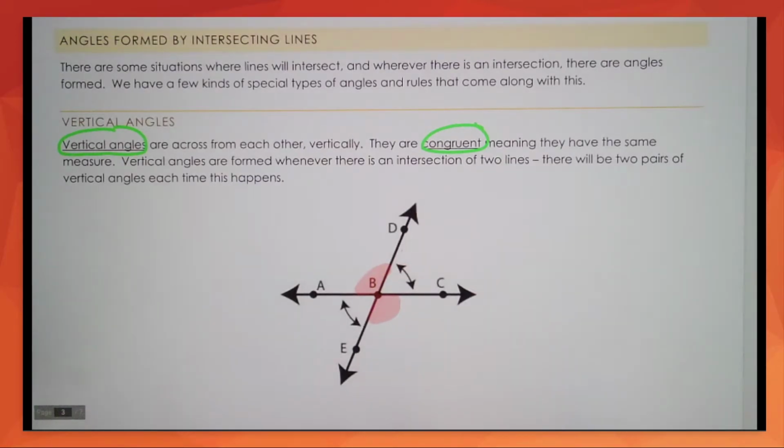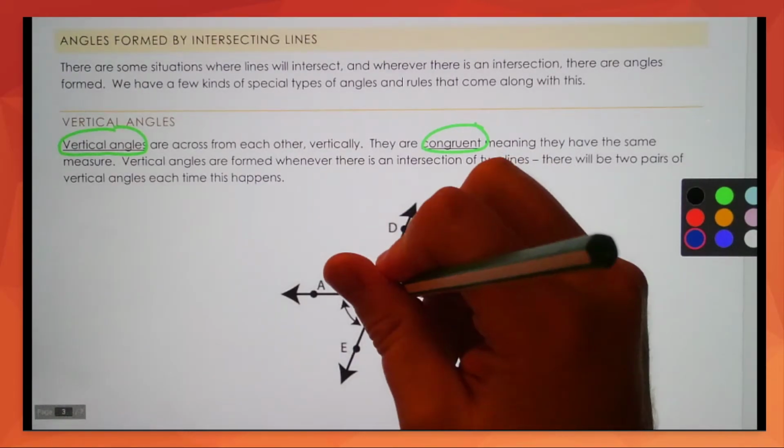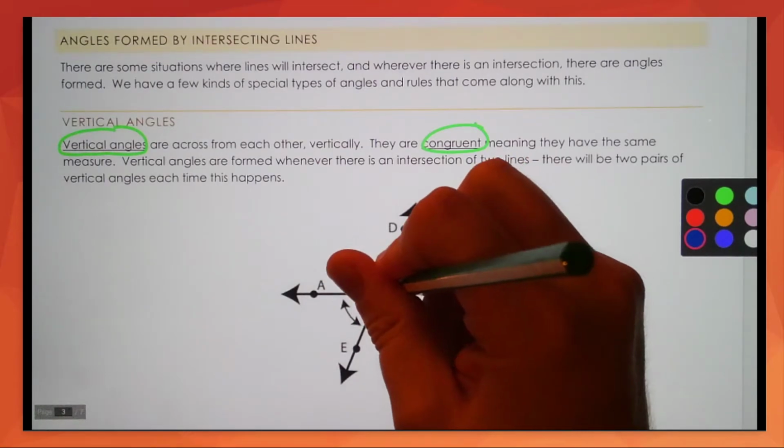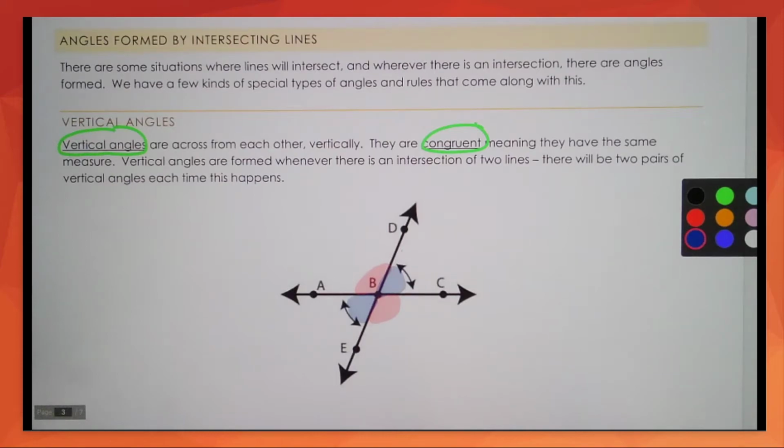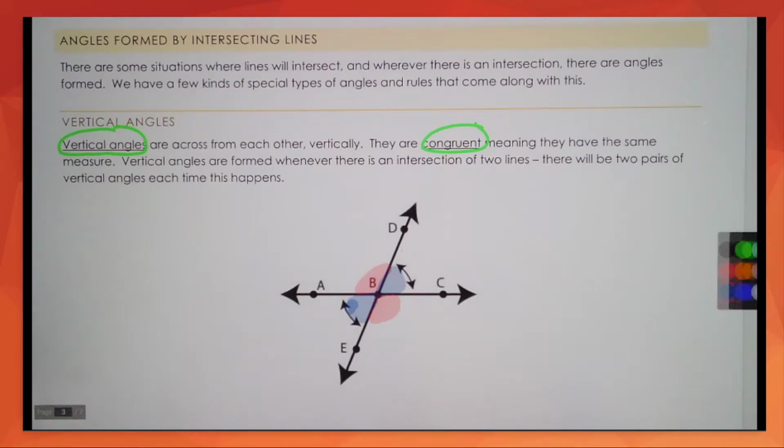Okay, those are congruent. And then you have the other set of vertical angles here, which is here and here, and those are also congruent with each other. The blues are going to be the same measure and the reds are going to be the same measure. So just keep that in mind. That is the definition of vertical angles. That's going to be important to know going forward, and we'll do some examples to show why.